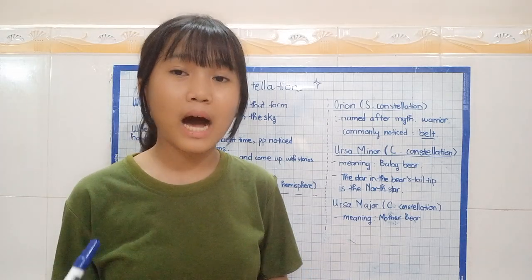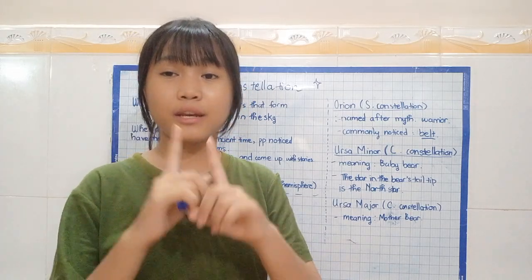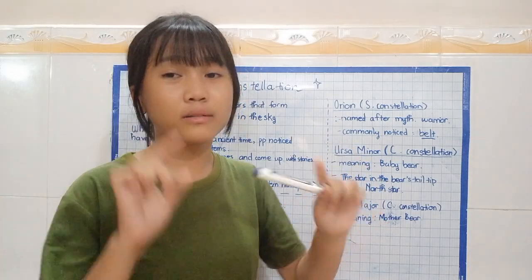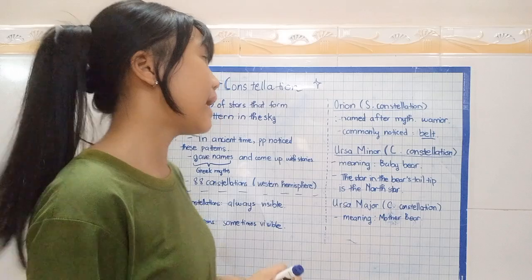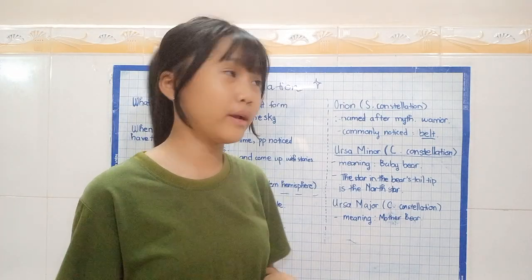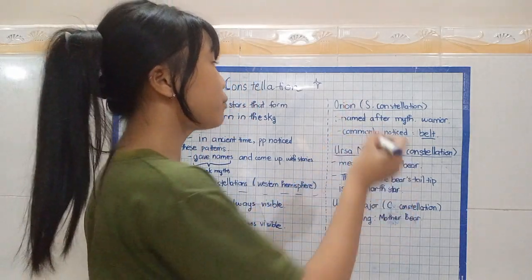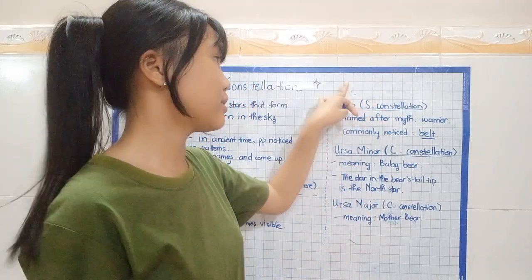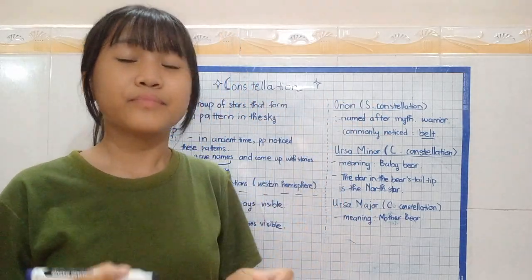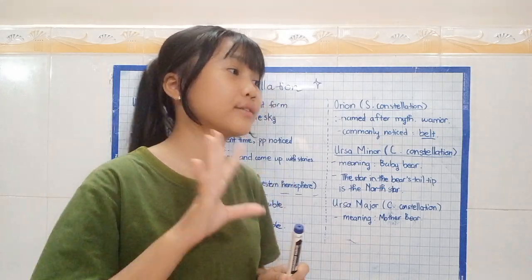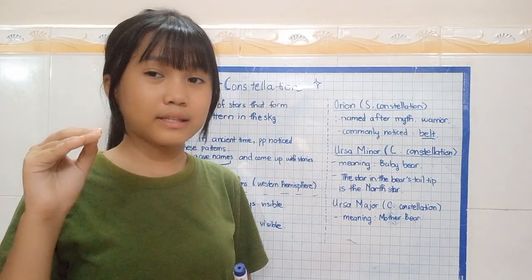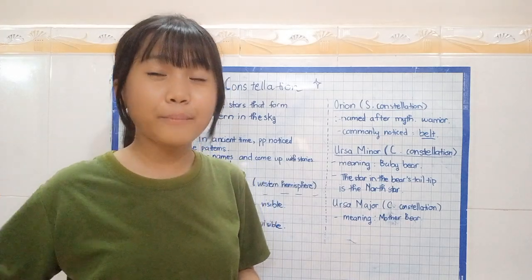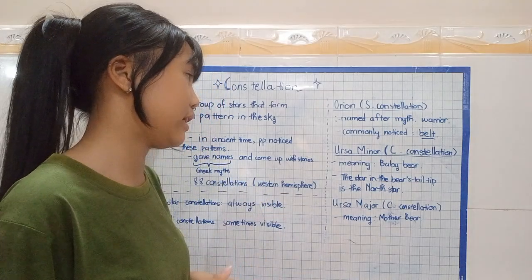When we look at the Orion constellation, the part that is most easily detected is the three stars that make up his belt. That is how people notice Orion. So usually his belt will look like this, with three dots of stars. When you look up in the night sky, you could see it pretty obviously, if you look up at a time when the Orion constellation is there.